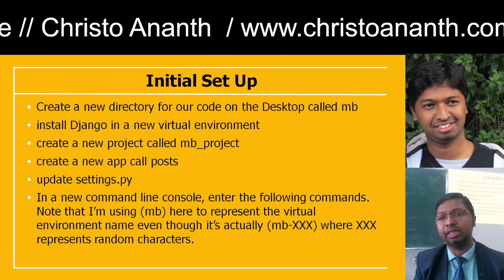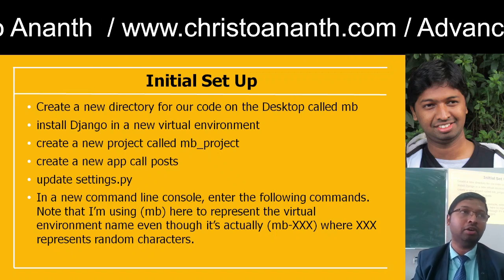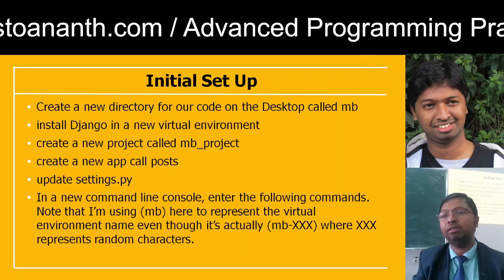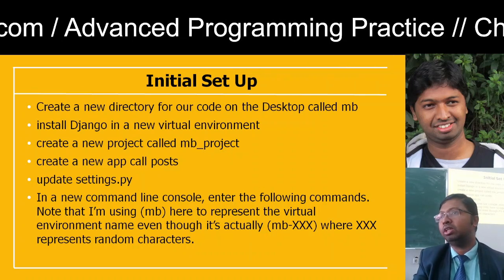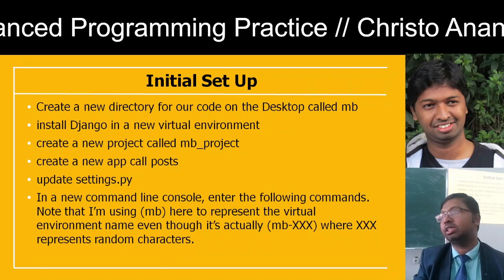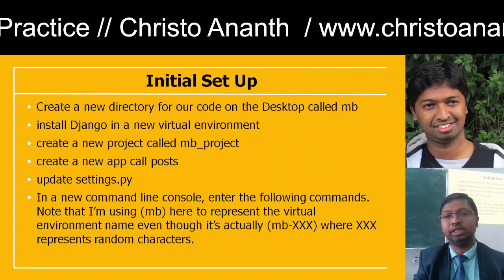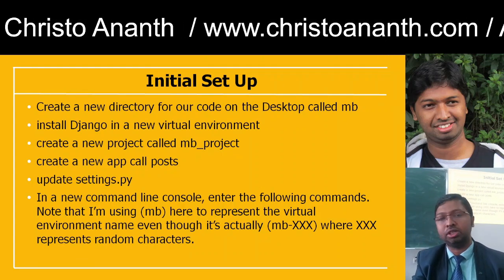So this is the initial setup. First of all, you have to create a new directory in the code. On the desktop, you are going to have MB. Then you install Django in this new virtual environment and create a new project, that is MB underscore project.